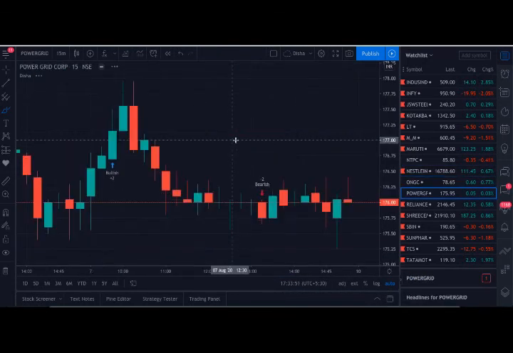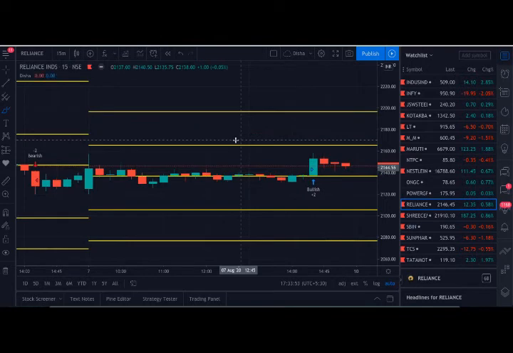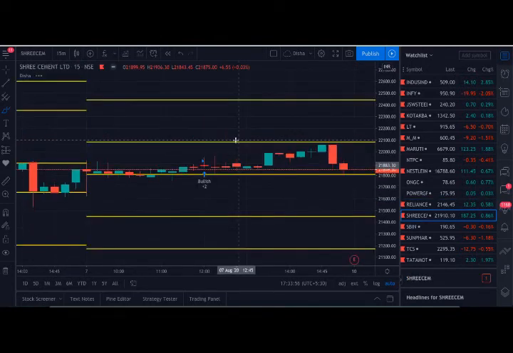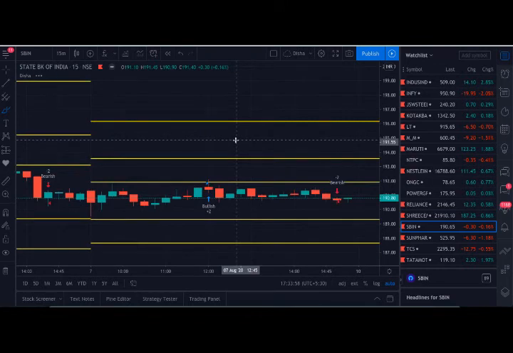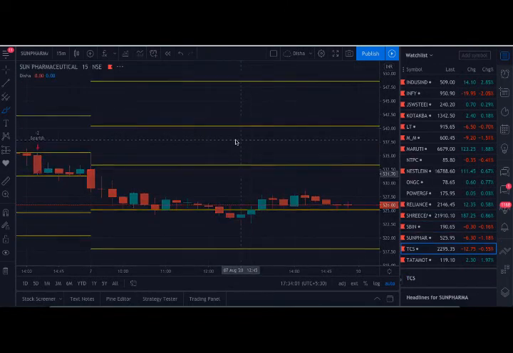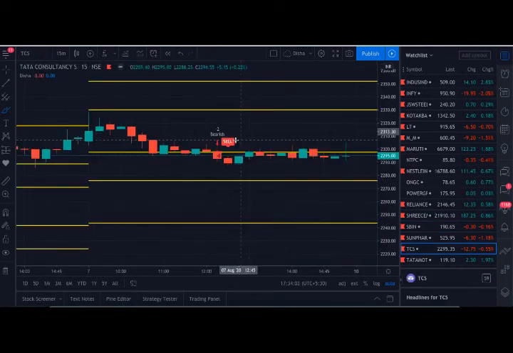ONGC avoid, Power Grid avoid, Reliance nothing, Shree Cement nothing, SBI nothing, Sun Pharma nothing. Here TCS has given bearish breakdown and sell, but it has closed below the line, and by the close of the time it has given a 5-point profit, but this will be valid for the next day if there is no trend change or signal change.